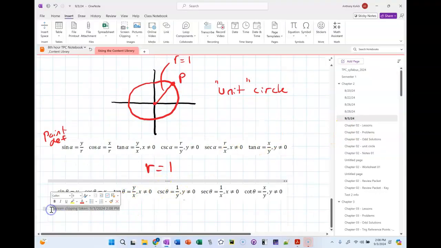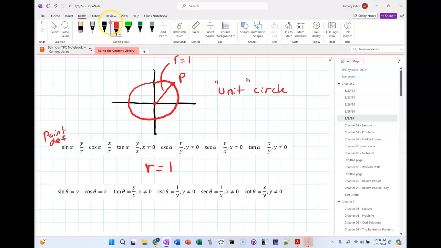So that gives us this, which is our third definition for sine, cosine, and tangent. That's our unit circle definition. Notice it's the exact same as the point definition, except r is 1 now. It's the only difference, right?